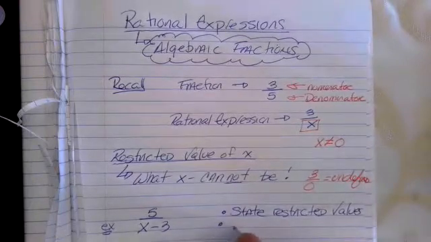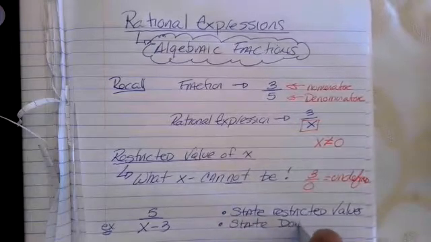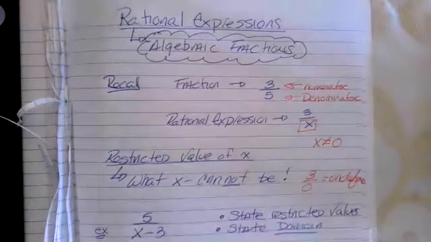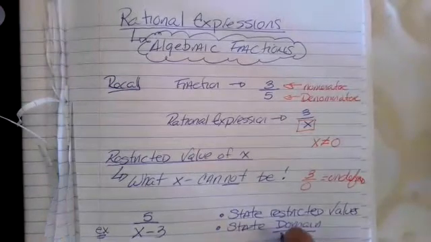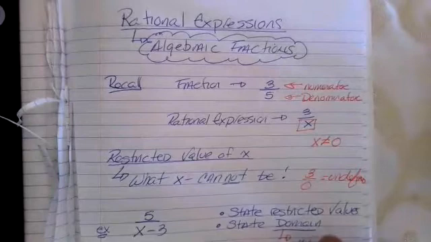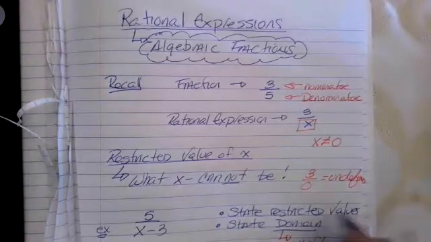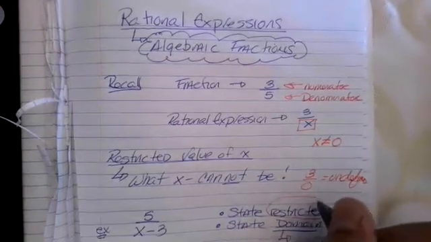Or they could ask you to state the domain. The domain is all the values x can be. Restricted values are what x can't be.